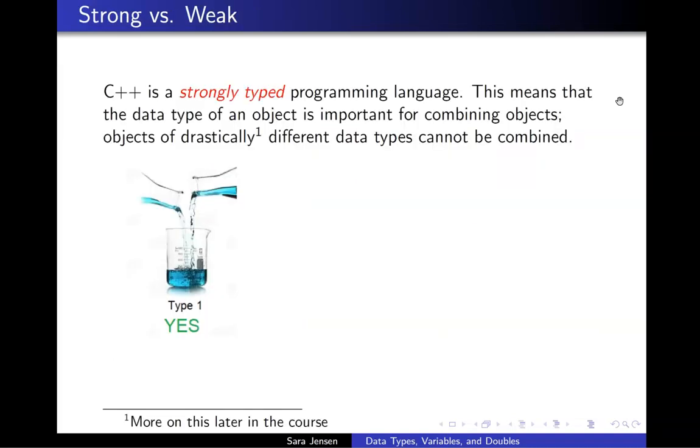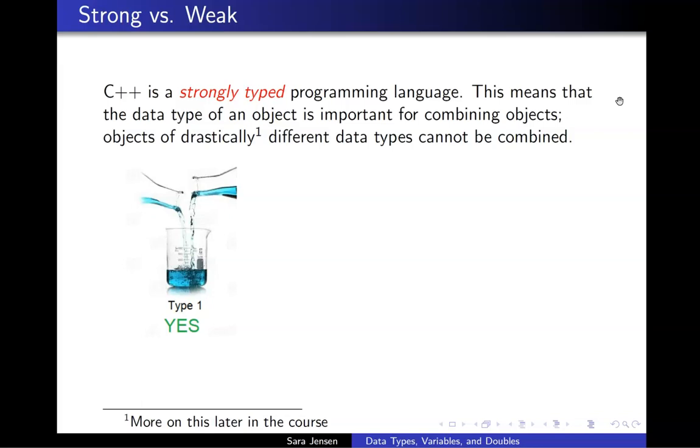C++ is also what is called a strongly typed programming language, meaning that the data type of an object is important when we start looking at those operations in attempting to combine objects together. In C++, objects of drastically different data types absolutely cannot be combined as a consequence of being a strongly typed language.